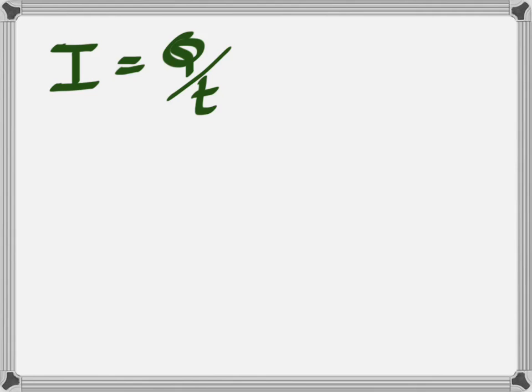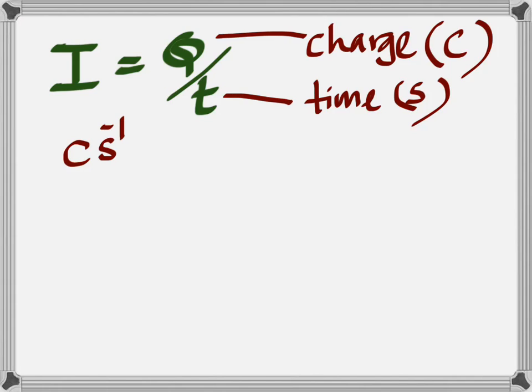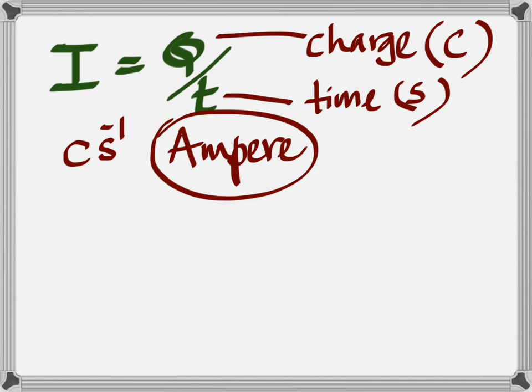It is charge by time. Q is charge in coulombs, time in seconds. You would get current in coulomb per second, which is also called an ampere. And the symbol for ampere is A.